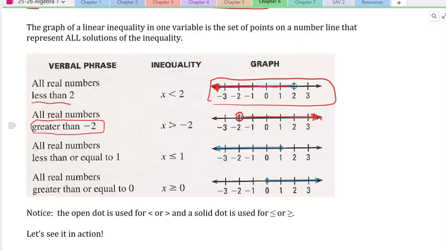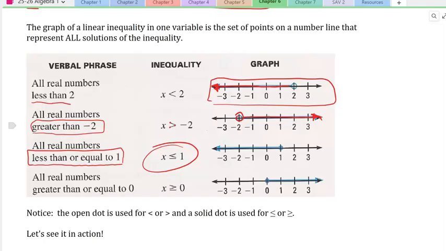because it does not include the number negative 2. Now, the next one says we're looking for all real numbers that are less than or equal to 1. Here's what it looks like when you write it algebraically. X, all numbers less than or equal to 1. Notice it's got the less than symbol and then an extra line which would indicate or equal to.